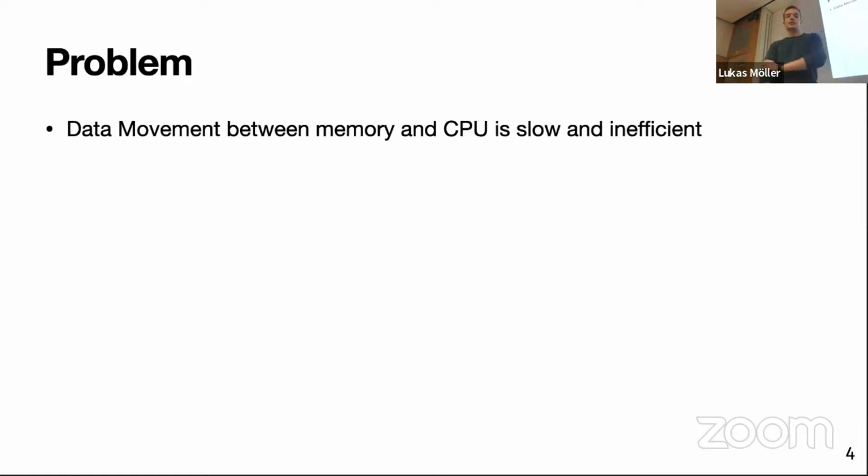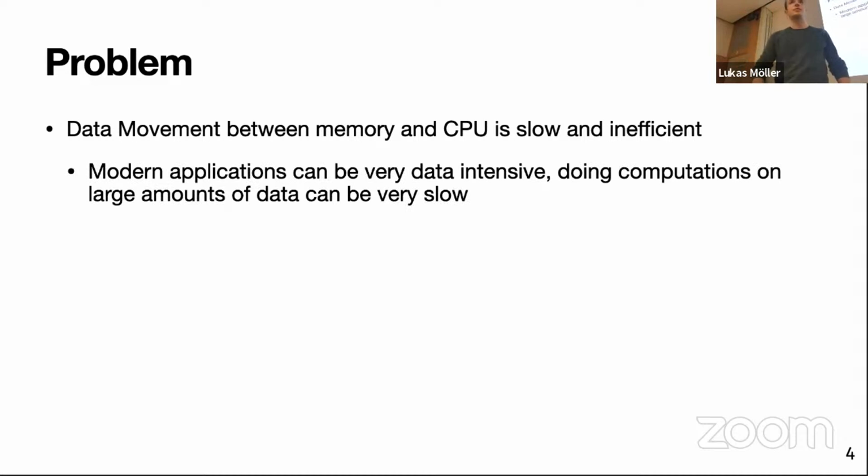Data movement is currently quite inefficient and slow because we have to use the bus, and sometimes the bus is full and thus we have to wait for it. Modern applications can be quite data intensive, which means that we lose a lot of efficiency when we move data from DRAM to CPU and store it and load it back.